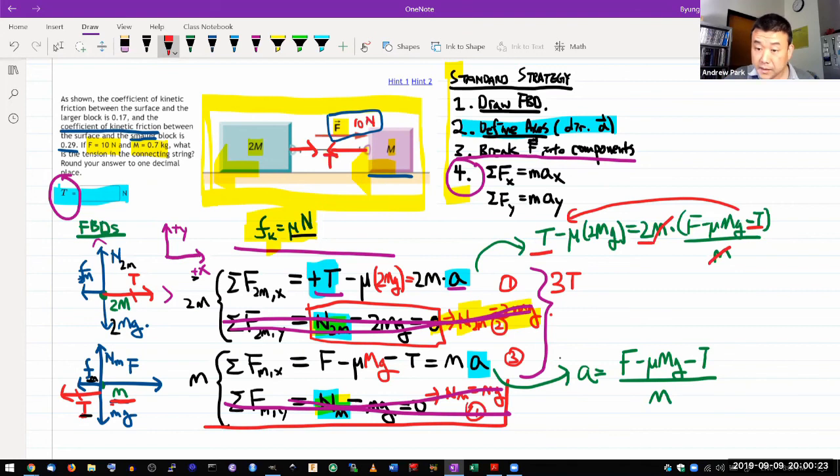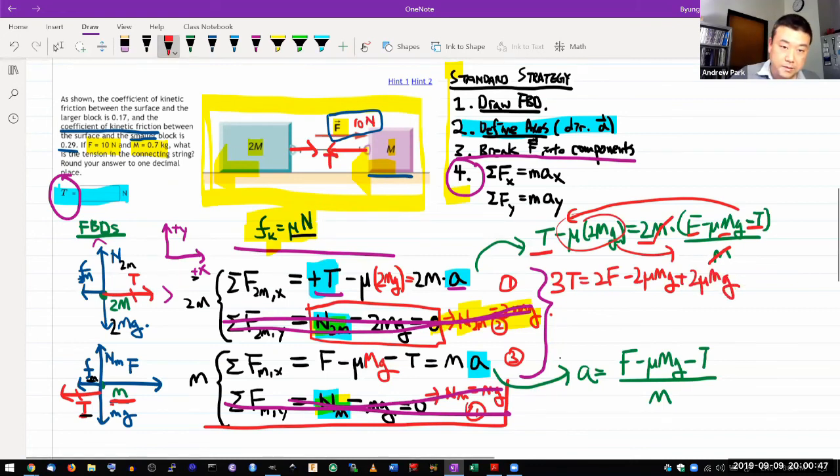And I need to write down the remaining two terms on the right-hand side: 2F minus 2 mu mg. And I have this term here that I need to move over to the right-hand side, so it becomes plus 2 mu mg. I guess this question works out nicely for us.